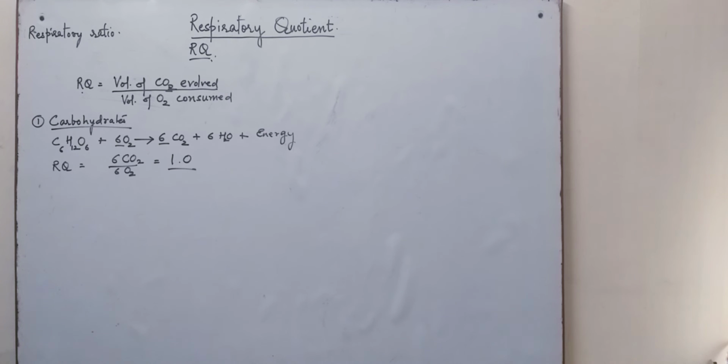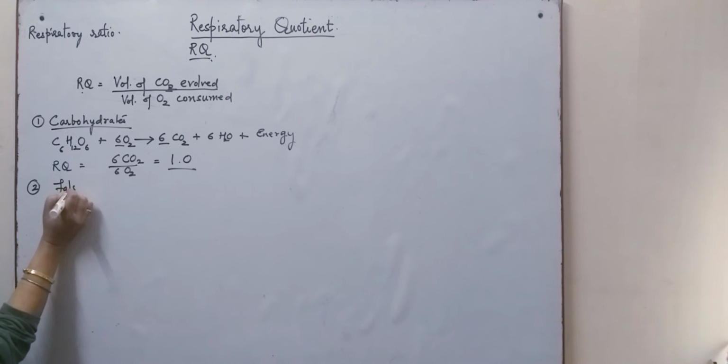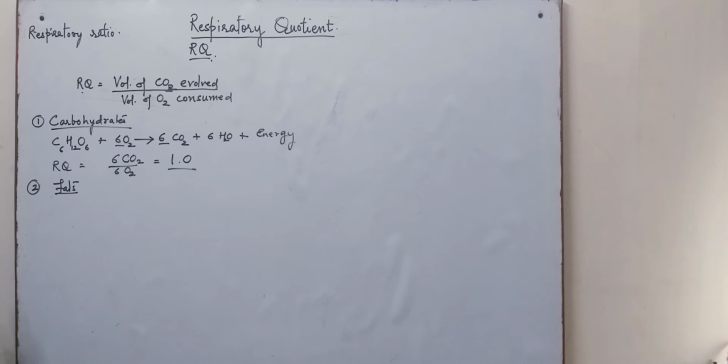Let us also do the other respiratory substrate, that is fats. Though all of these follow different pathways, we are going to calculate the respiratory quotient and relate which macronutrient has the maximum respiratory quotient. Here I am using tripalmitin, 2 molecules.